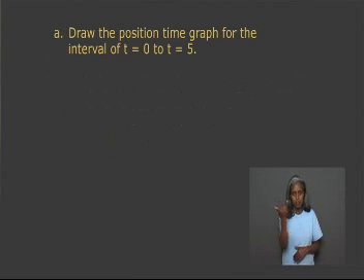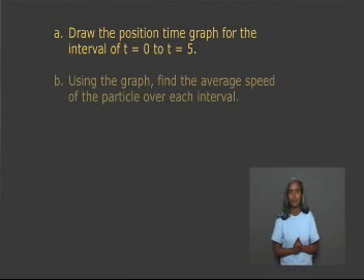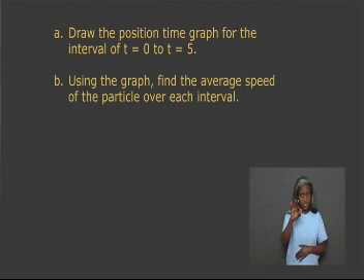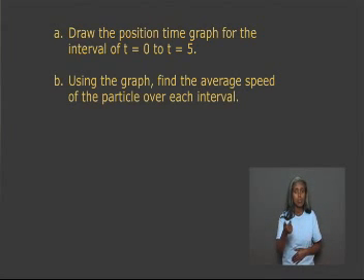First, draw the position time graph for the interval t equals 0 to t equals 5. Using the graph, find the average speed of the particle over each interval.